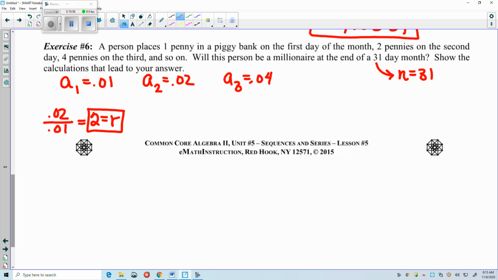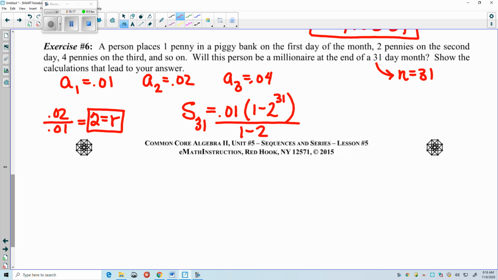So we're going to use our formula, and our formula says the sum of our 31 terms is equal to our first term times 1 minus that ratio that we found, raised to the n being 31. And we're going to divide that by 1 minus that ratio.